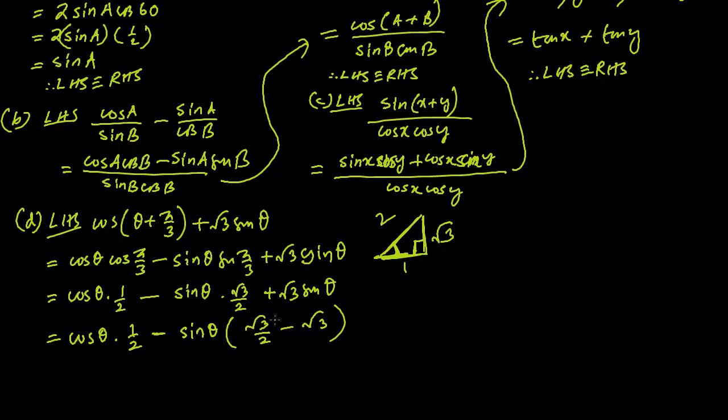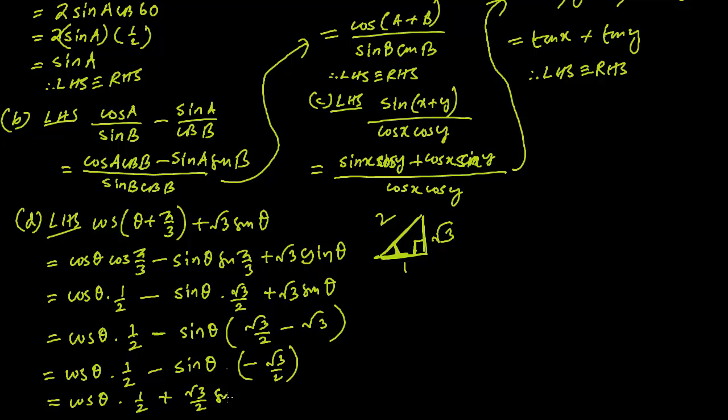So if you simplify this, if you take square root of 3 common, half minus 1 is minus half. So this would be cos theta times half minus sine theta, and this would be minus square root of 3 by 2. If you multiply the minus with the minus, it becomes cos theta into half plus square root of 3 by 2 sine theta.